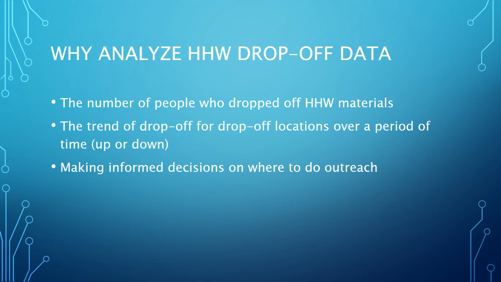The trend, which is up or down, is important for the department to make informed decisions on where to do the outreach. For example, if the department sees an area with a downtrend in the number of drop-offs, they can do the outreach to encourage more people to do the drop-off to protect the environment.